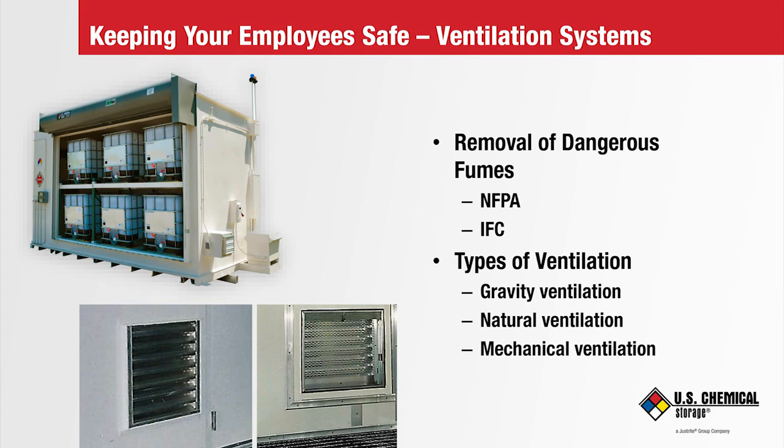There's gravity ventilation. A single opening in the lower wall of the building is fitted with a rain louver and a bird screen. If it's a fire-rated building, they add a fusible link drop-down shutter. This acts as a vent.